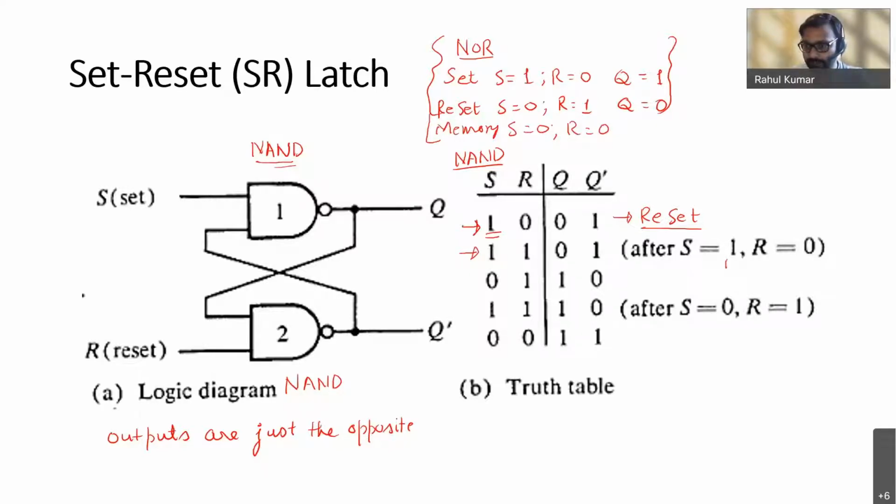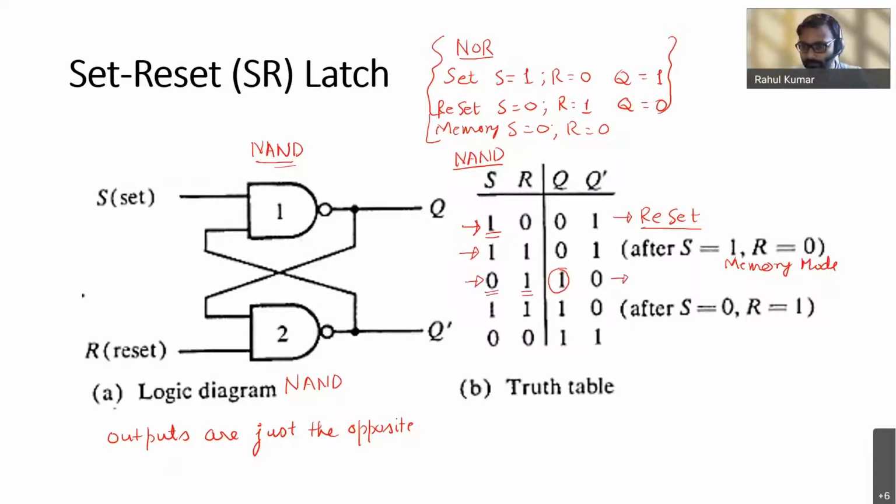So that's my memory mode. Okay, just the opposite, right? Now if you want to set your latch, your S input should be 0 and R input should be 1, then your Q output is 1.